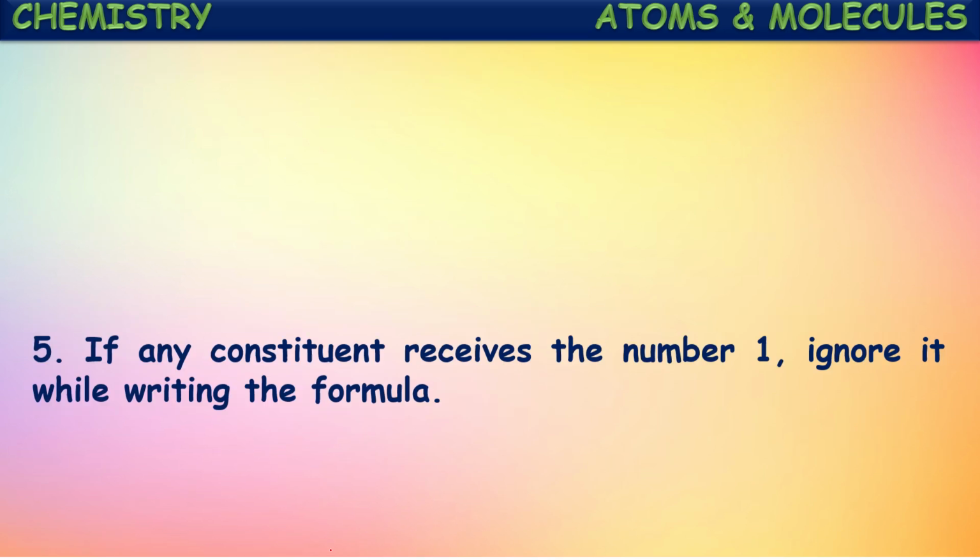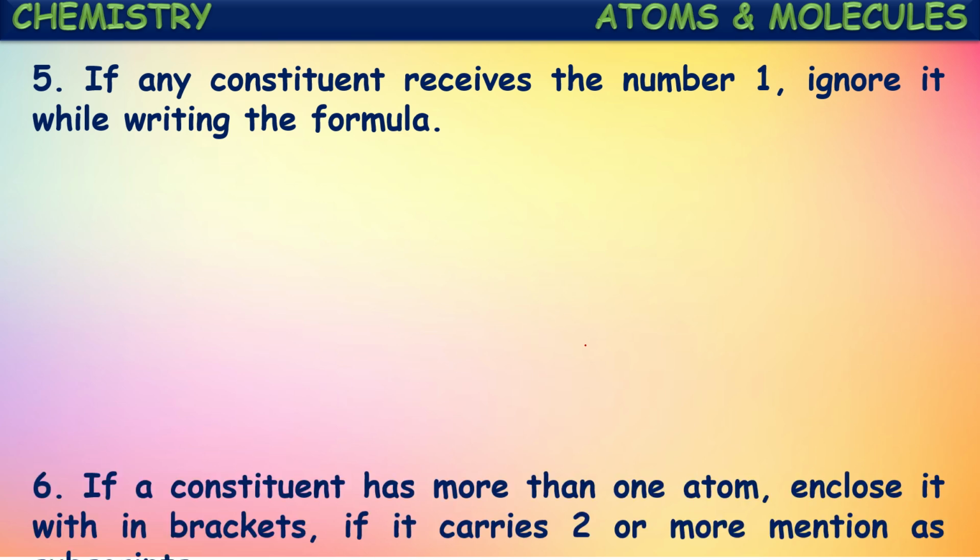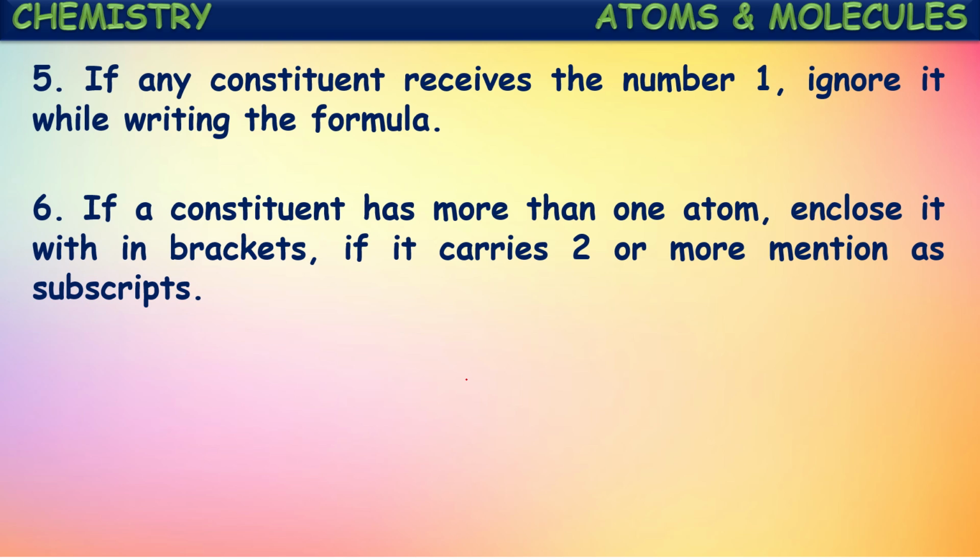As we already discussed, if any constituent receives the number 1, ignore it while writing the formula. And if a constituent has more than one atom, enclose it within a bracket.